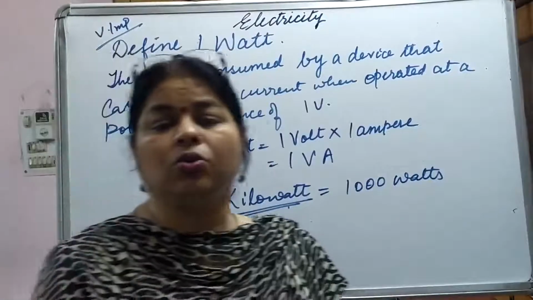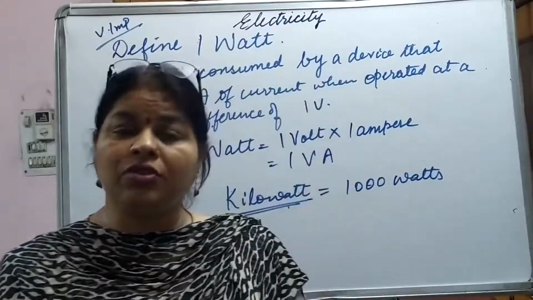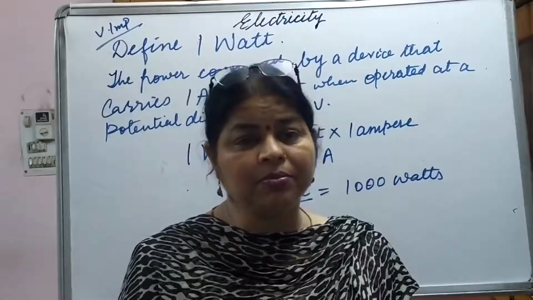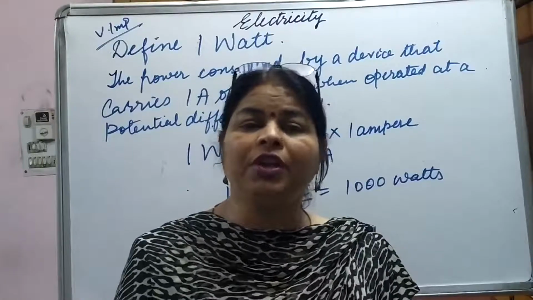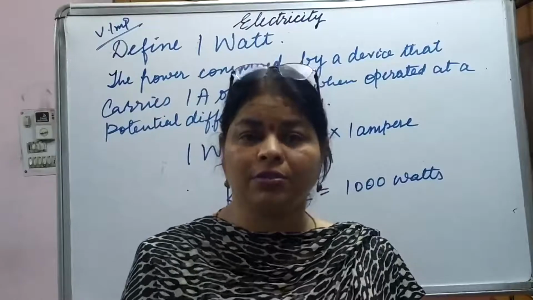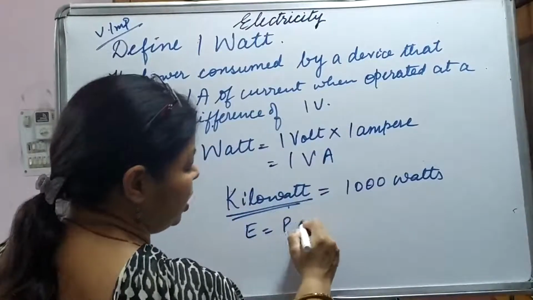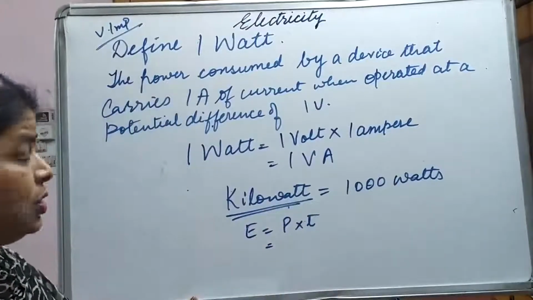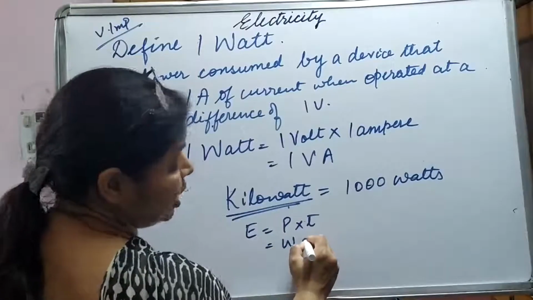Fine. So since the electrical energy is the product of power and time, E is equal to P into T. So the unit of energy is what? Watt hour. If energy is equal to P into T, power is watt into time.